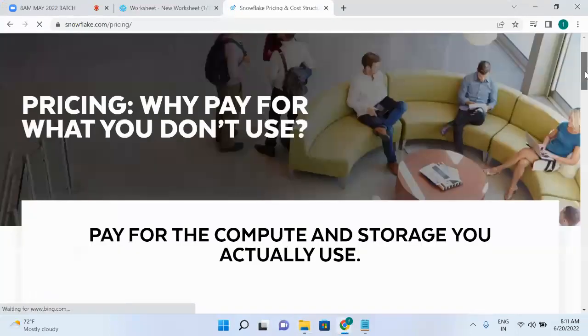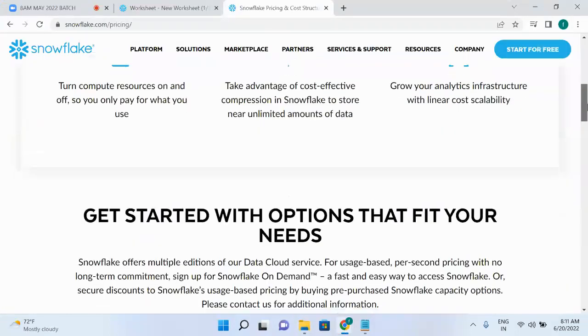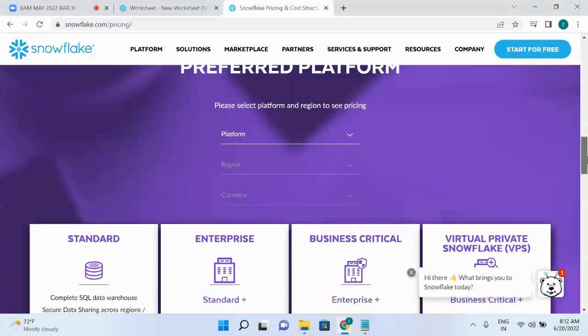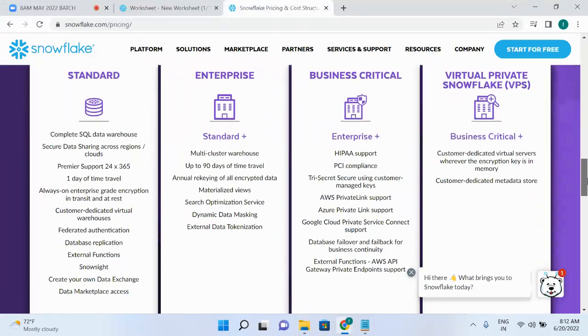If you observe here, these are the 4 different editions we have. This is the standard edition; we won't have all the features, and no one will utilize this. Most organizations use the enterprise edition or the business critical edition.